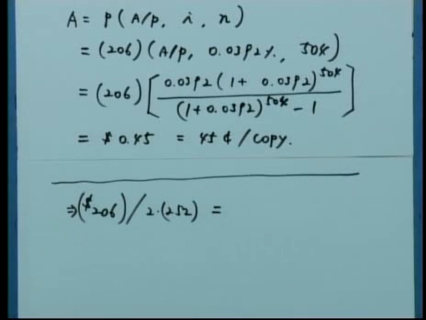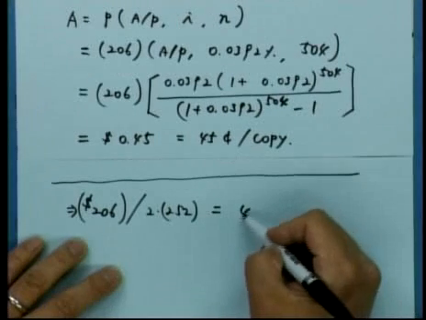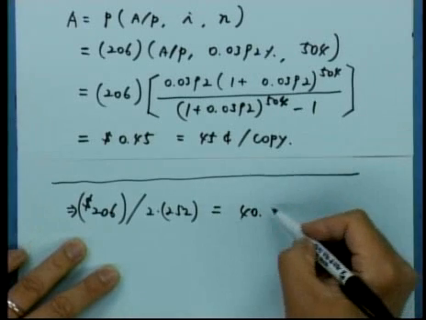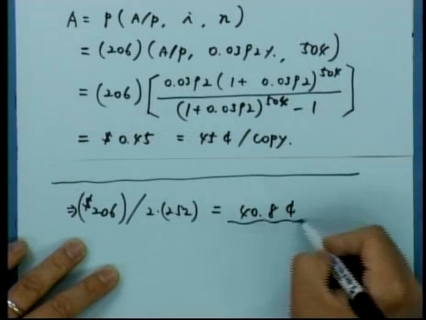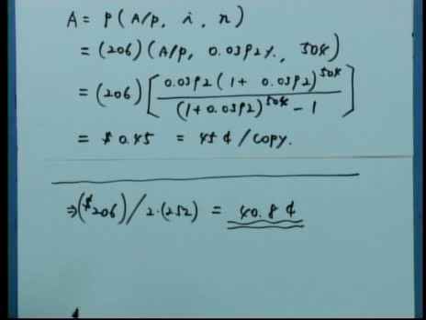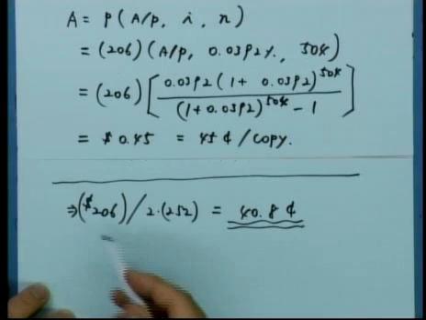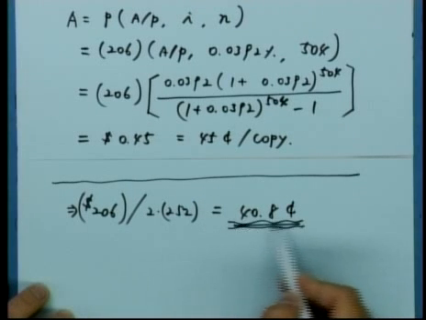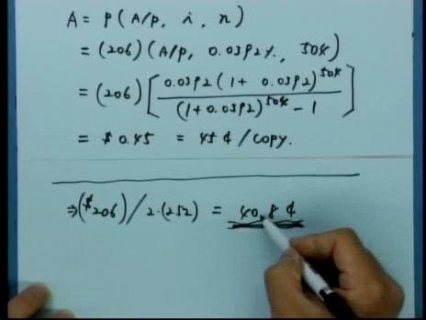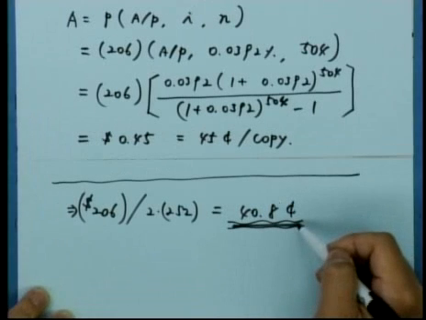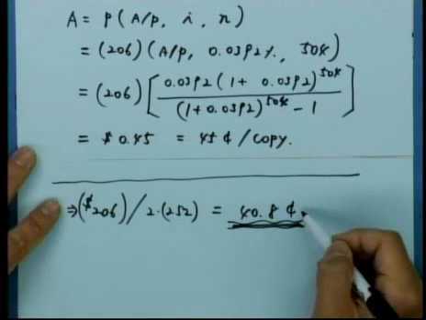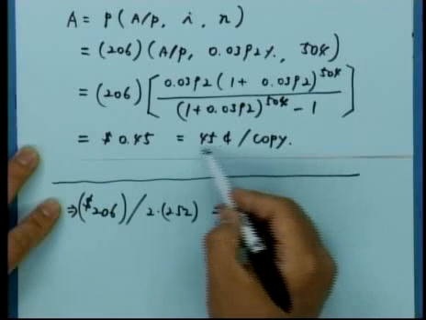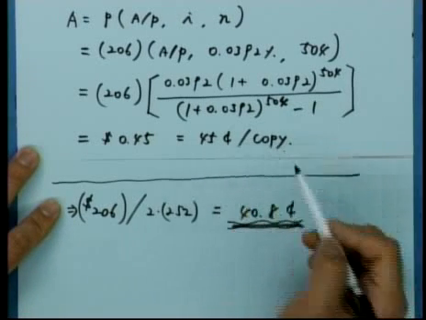How much is that? That is 40.8 cents. So ignoring the interest, the cost per copy is a little bit over 40 cents per copy. So the answer of 45 cents per copy looks reasonable.